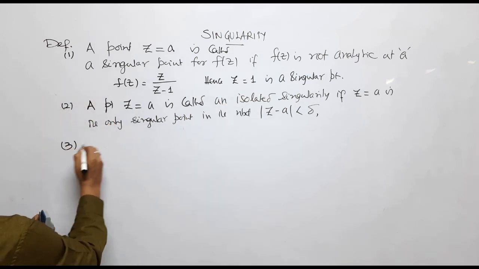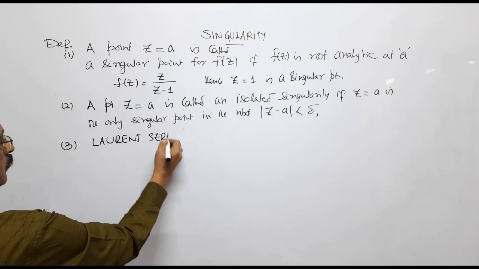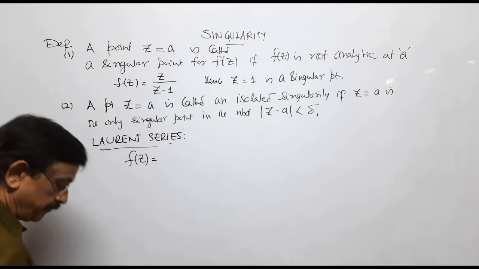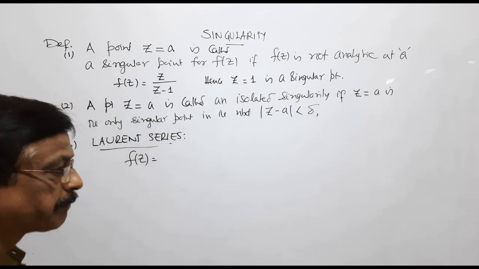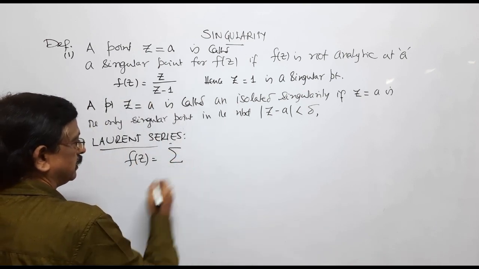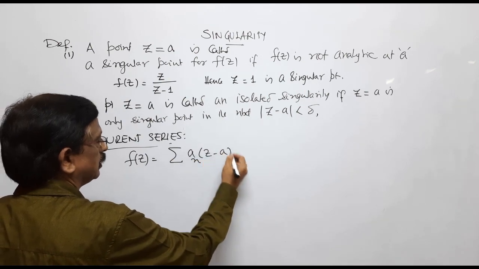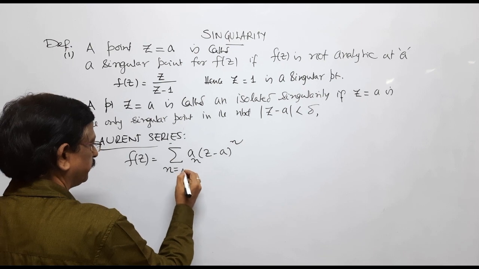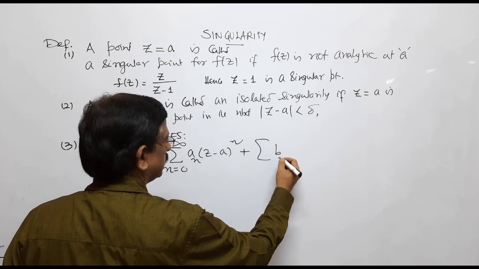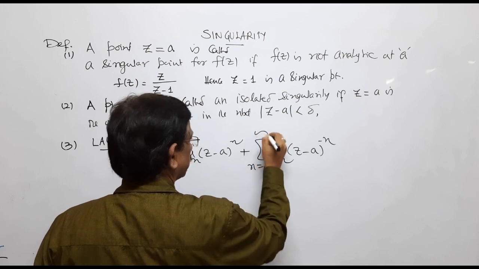Let us talk about the Laurent series. Every function f(z) which is analytic can be represented as a series of this type: summation of a_n (z minus a) to the power n, n equal to 0 to infinity, plus summation of b_n (z minus a) to the power minus n, n running from 1 to infinity.